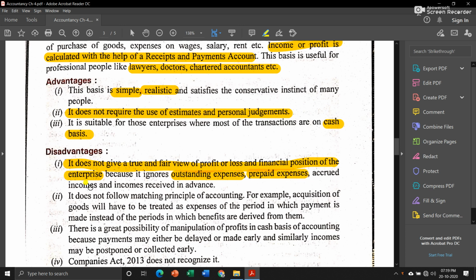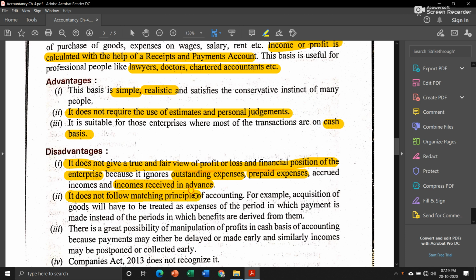Then accrued incomes, you are liable to receive the income but you haven't received yet. And incomes received in advance means those incomes which you have received in advance. So all these things are ignored in cash basis of accounting, and that is why your profit and loss account or balance sheet will not show the true or fair condition of your business.